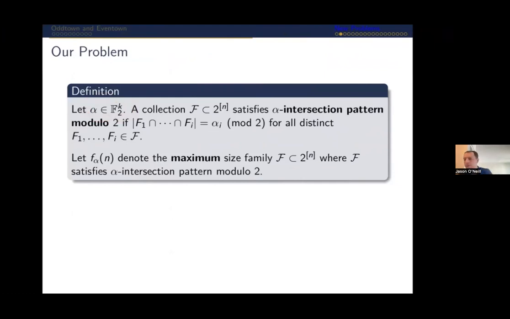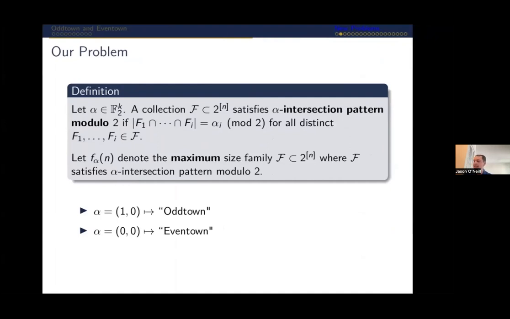To summarize, one vector you could think of is (1, 0). What this vector says is the set sizes are going to be 1 mod 2, so the set sizes are odd, and the pairwise intersections are going to have size 0 mod 2. That's going to be the classical oddtown problem. The other vector you could think about is (0, 0).